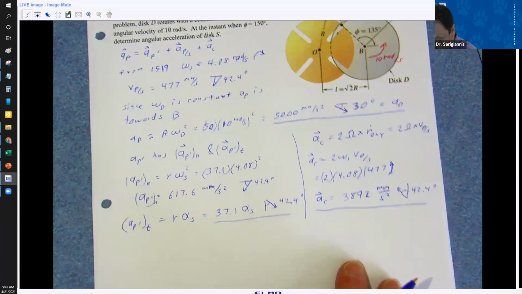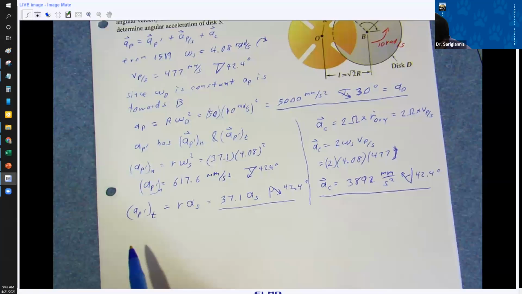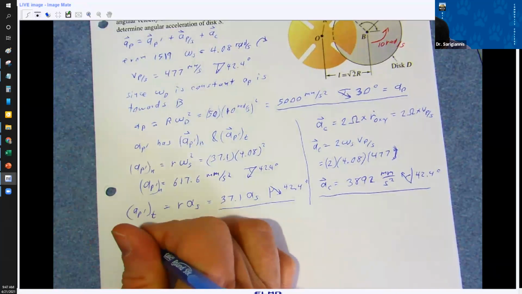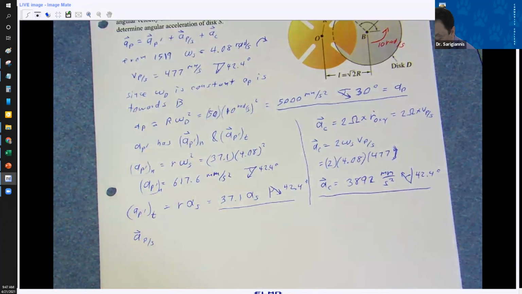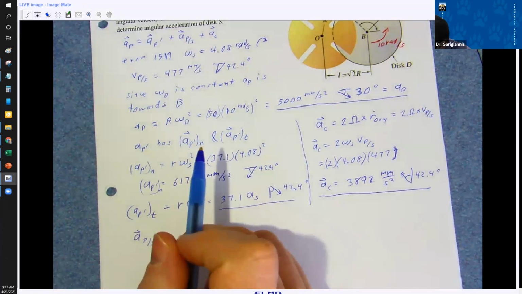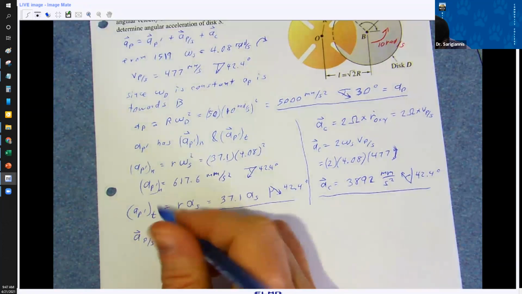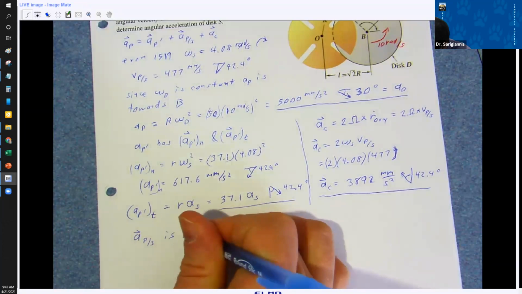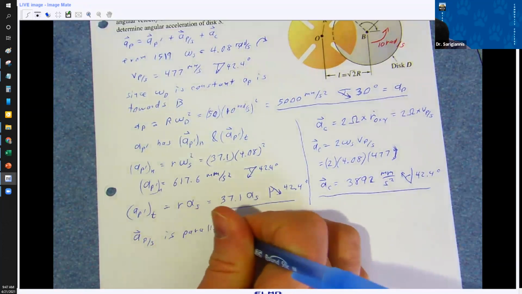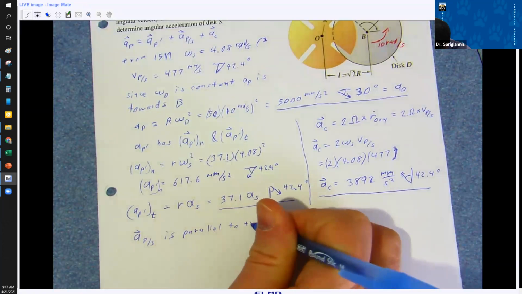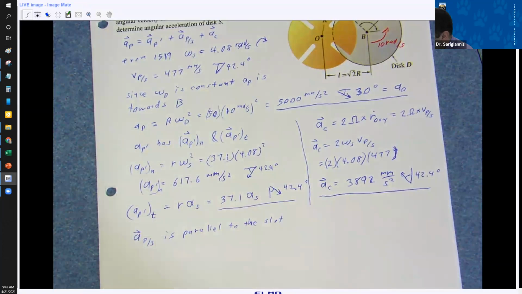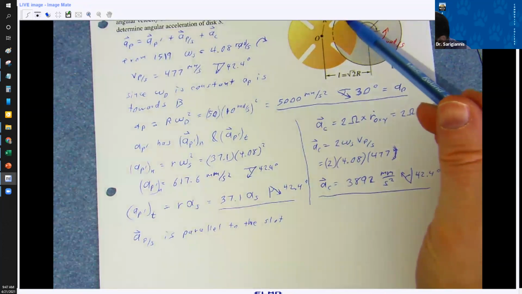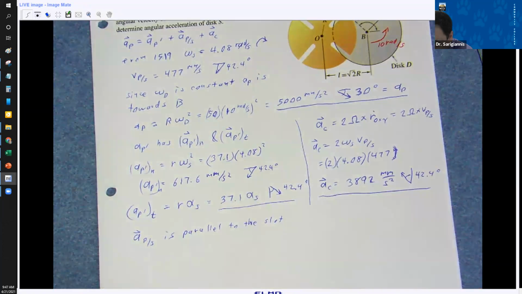All right. What we got? Oh, yeah. Let's make a comment about acceleration of P with respect to S. This is parallel to the slot. Right at that instant, it's parallel to the slot, right?